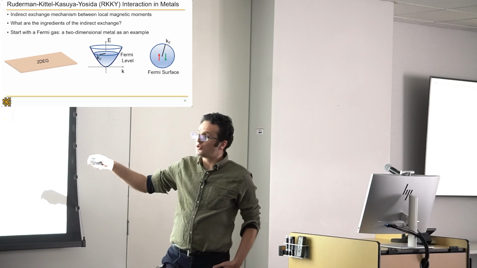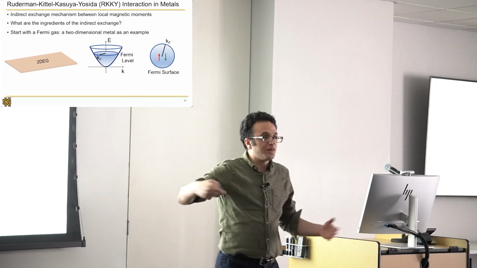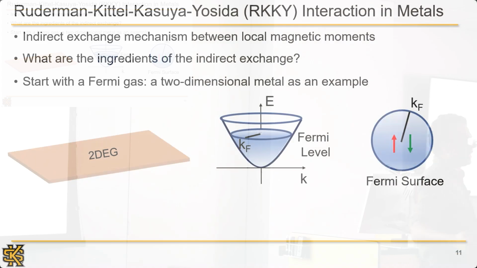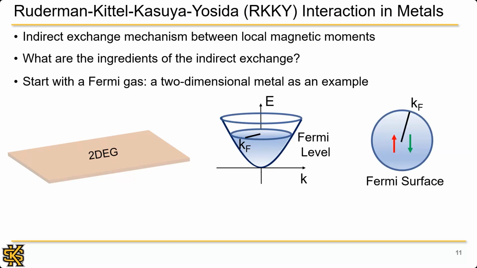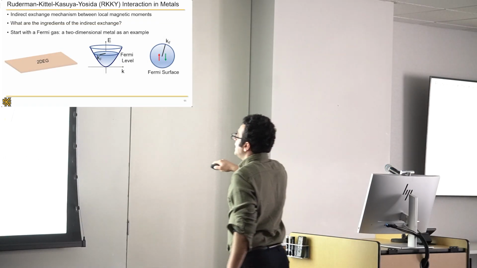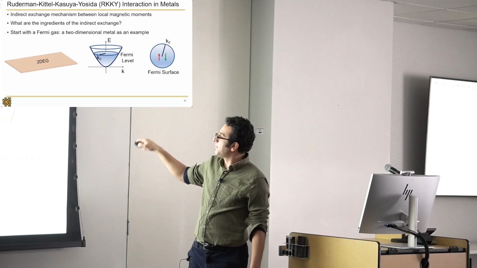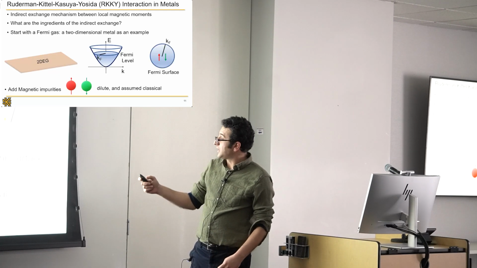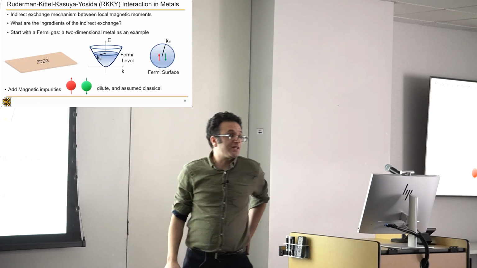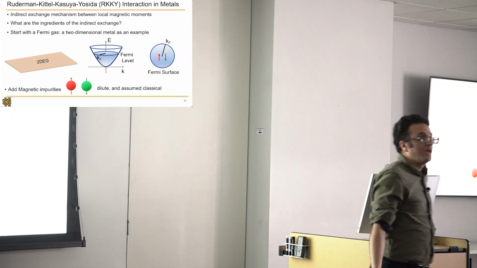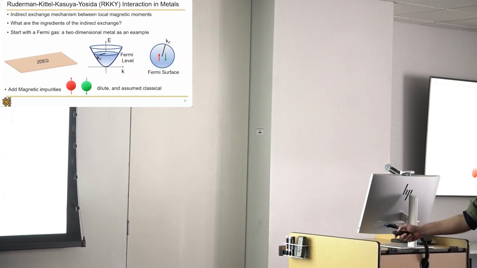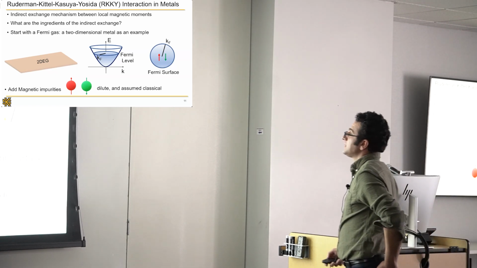The electrons that usually cause the conduction and all the dynamic phenomena in my materials are the ones that live at the Fermi surface. And these electrons are usually spin degenerate. I have as many up as I have down. So then what I need to do is to add some magnetic impurities in a dilute way, and I assume that they interact via their magnetic moments.